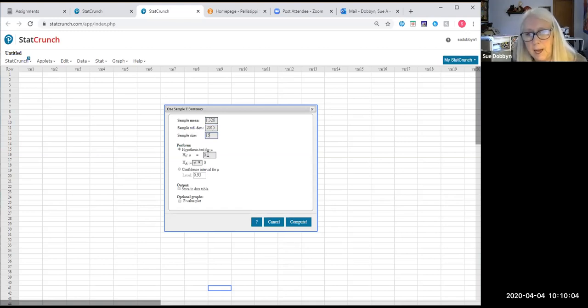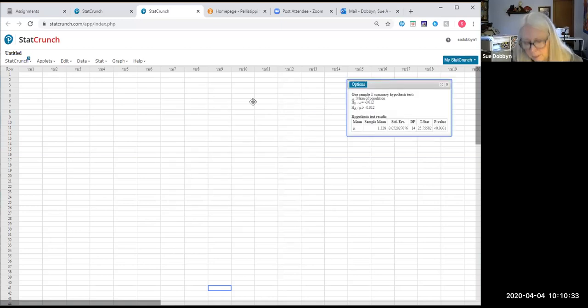It's a hypothesis test where the mean in the hypothesis is negative 0.012, and then the alternative hypothesis is greater than. So you've got to get all that in there and hit compute.